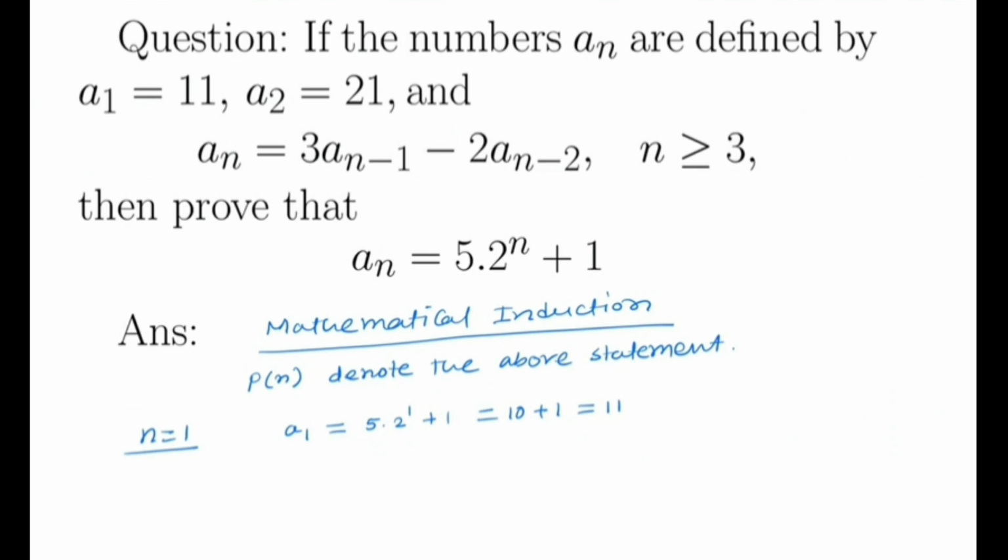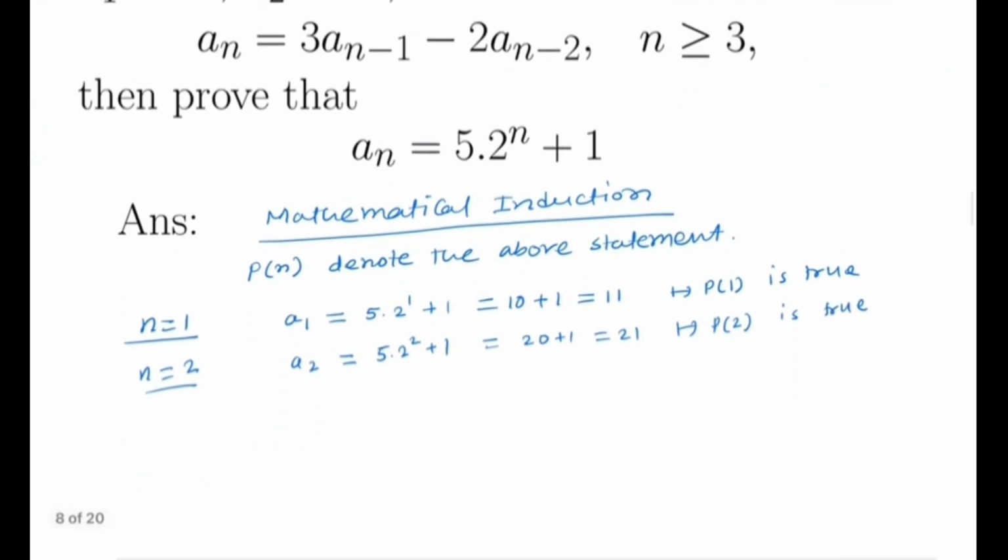So this implies that P_1 is true. Now we calculate for n equal to 2. Then a_2 is 5 times 2^2 + 1, so this is 20 plus 1, which is 21. So again we get a_2 is 21. So P_2 is also true.